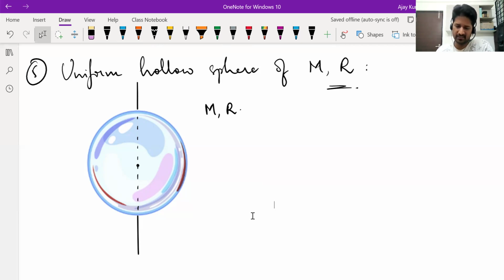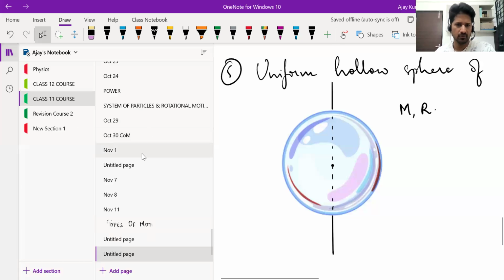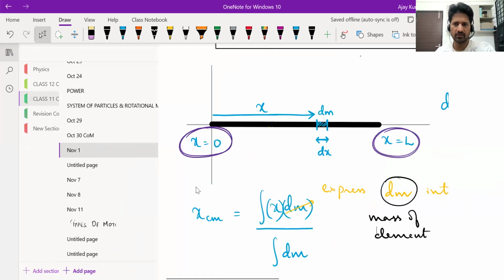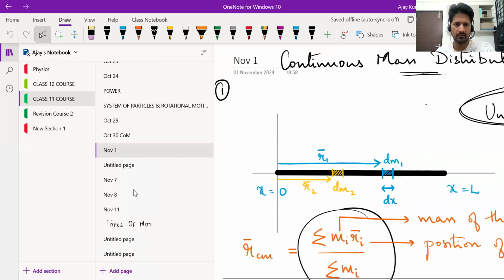It's a continuous mass, so we can consider them as rings. Correct. You can consider a hollow sphere as a collection of rings of varying radius. We did something similar in center of mass also when we derived the center of mass of a hollow hemisphere.